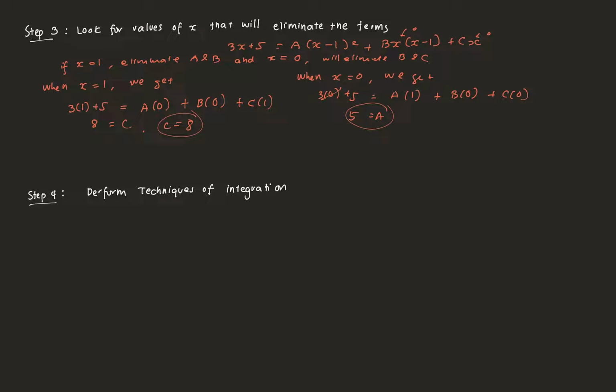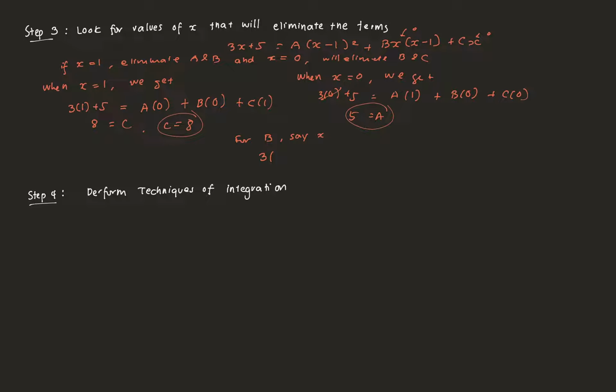Then, since we know a and c already, we can substitute just to solve b. So plug it into this form for b. We can use any x, say x equals 2.